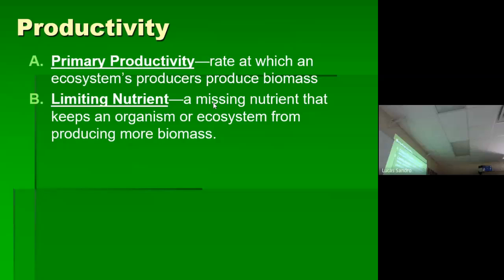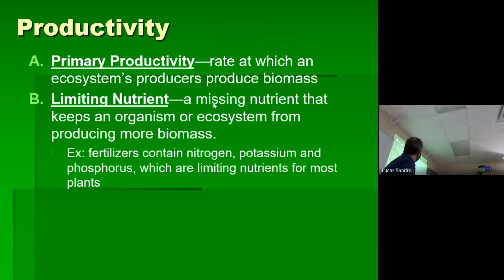In most cases, the answer with plants is it was either nitrogen, phosphorus, or potassium that they ran out of that put a lid on their growth rate. And if we add those three things, there's a pretty good chance they're going to grow even faster. So that's why fertilizers contain those three elements.